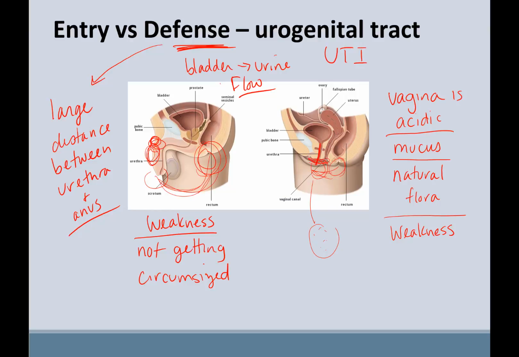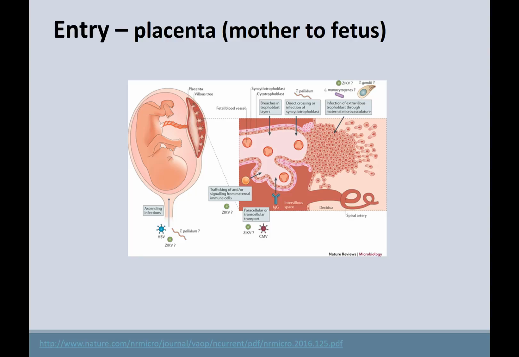All right. I have one more entry, and then I will stop this video and I will make you a new one. Another way that microbes can get into an organism is from mother to fetus, through the placenta. I'm not going to go through all this.